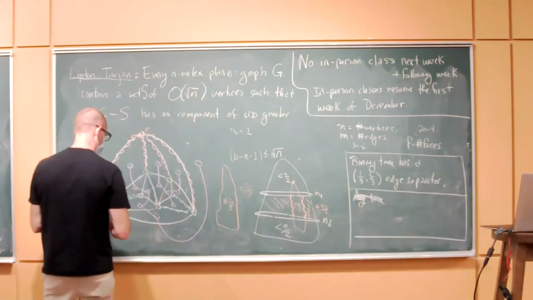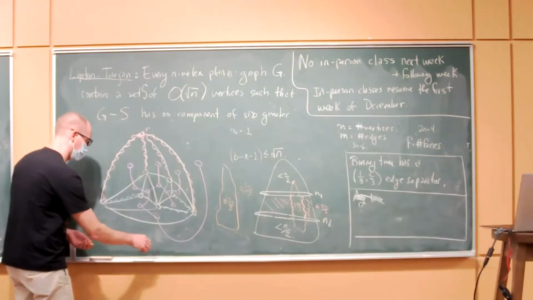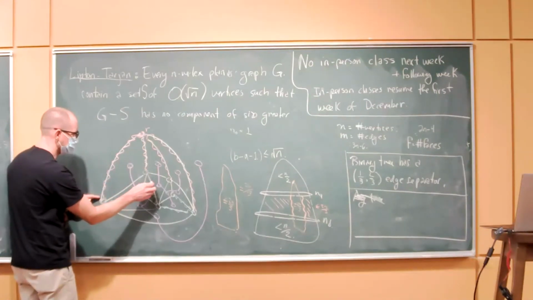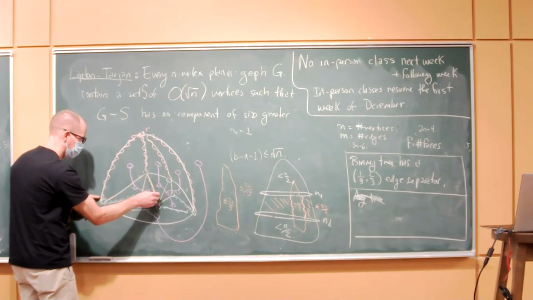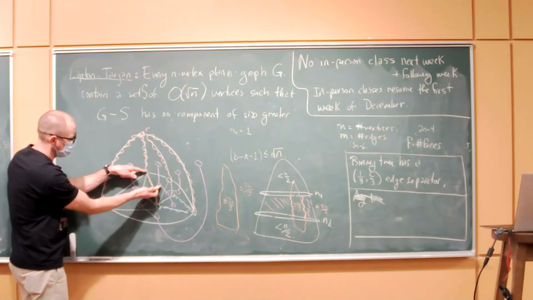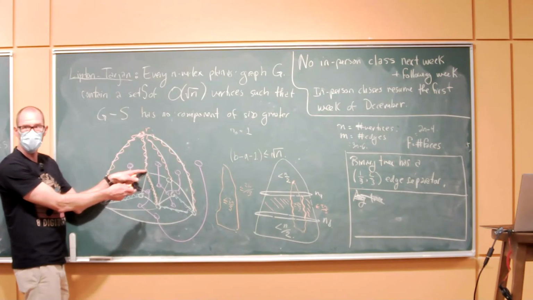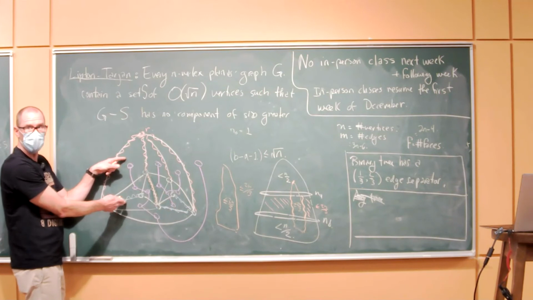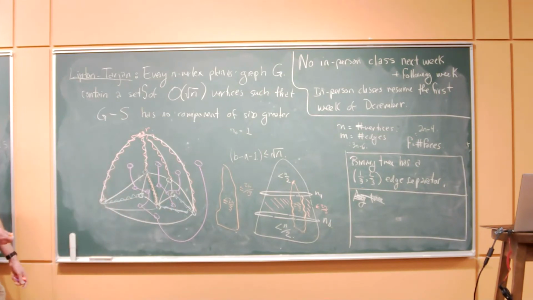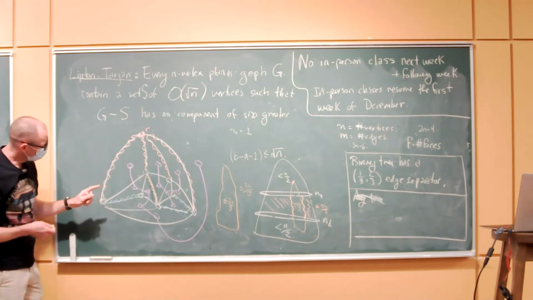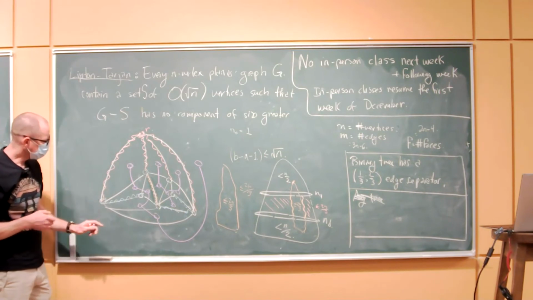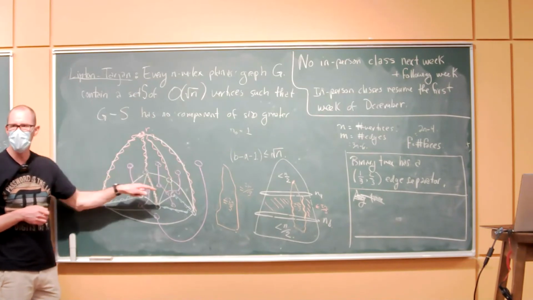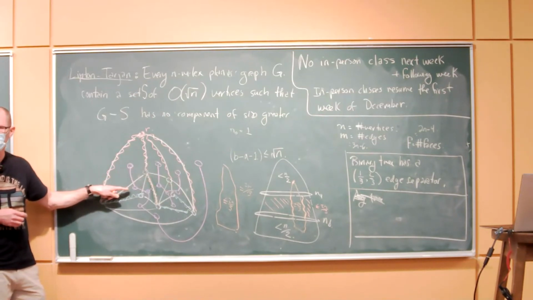In this embedding, that means if I take the BFS tree and close it there, what is the stuff on this side? It's the stuff inside the cycle. What's the stuff on this side? It's the stuff outside the cycle. Now, we're not quite there because I was counting faces inside and not vertices.